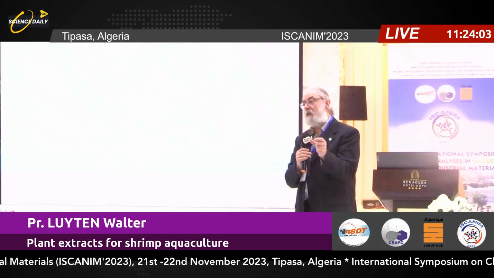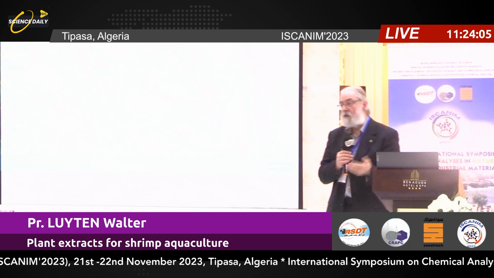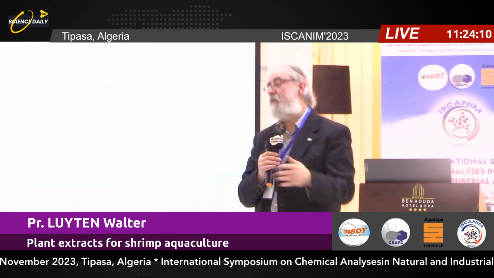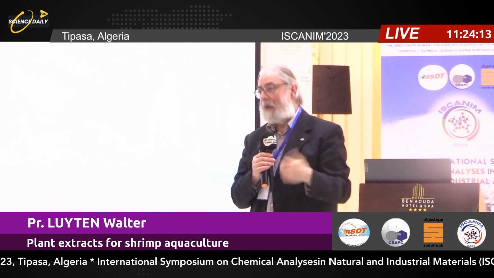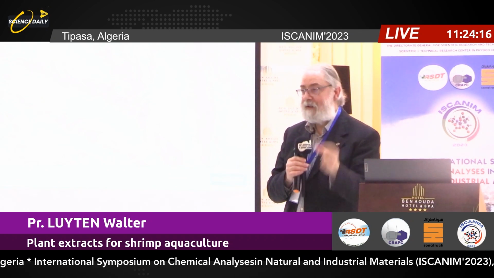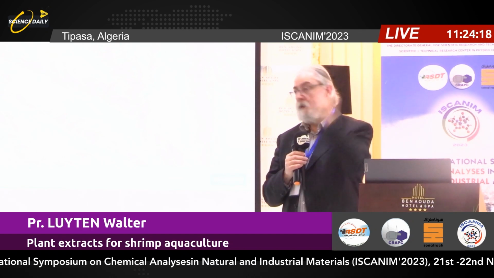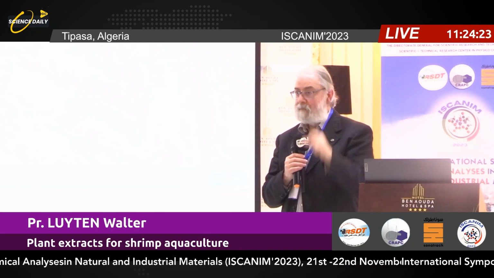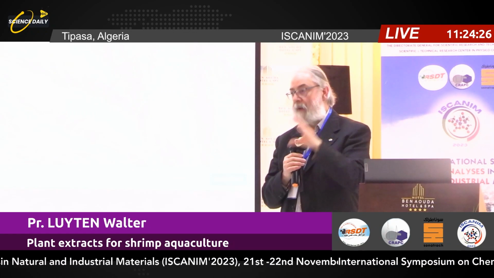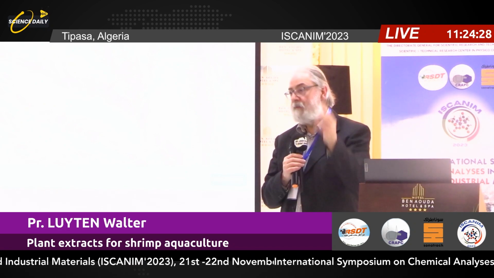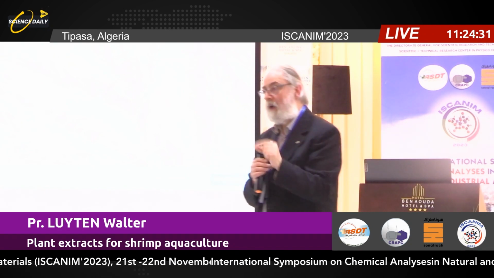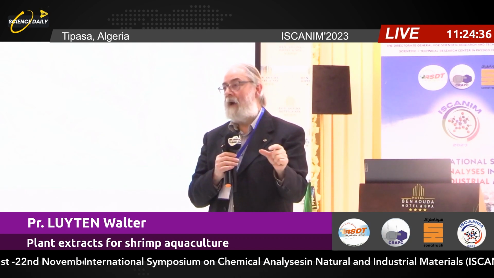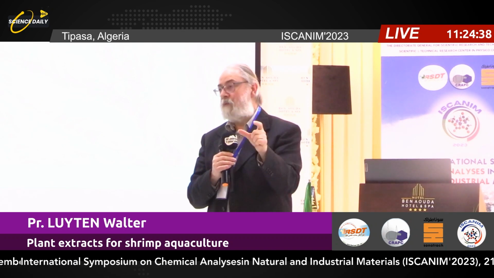Now, I mentioned the improved feed conversion ratio, which means that they need less feed to get the same weight of shrimp, or for the same amount of feed, they get more shrimp weight. So if we calculate that benefit, because we know the price of the shrimp by weight, then for some of the plants that are commercially available, the cost of the plant can be taken care of by the improved feed conversion.